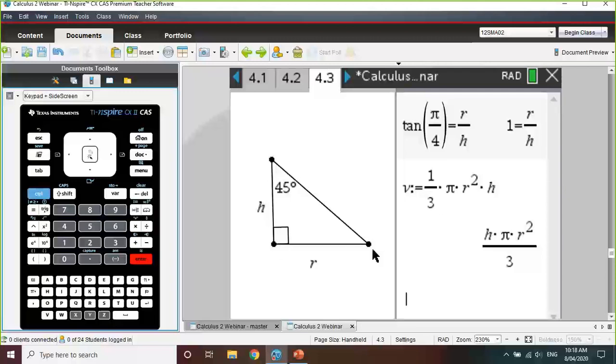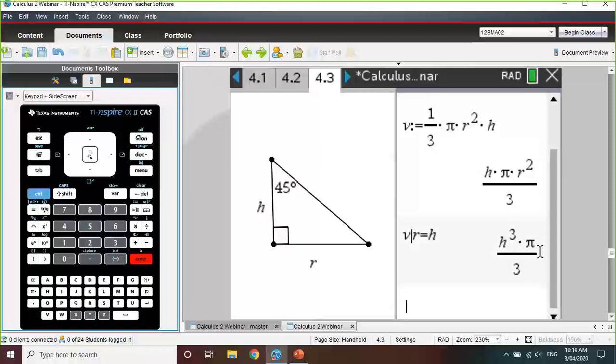The cone has some sort of radius R. So once again, we can fall back on our good old friend Sophocles and find a relationship between R and H by saying that opposite over adjacent is tan 45, or preferably in radians pi over 4, and therefore get that H will be equal to R, which then allows us to substitute in R is equal to H. So V, given that R is equal to H, now makes our volume strictly in terms of height.